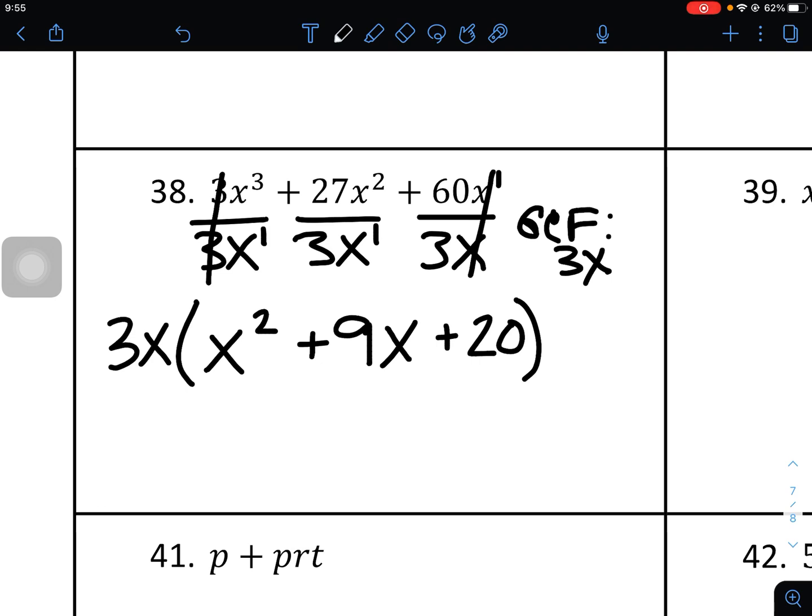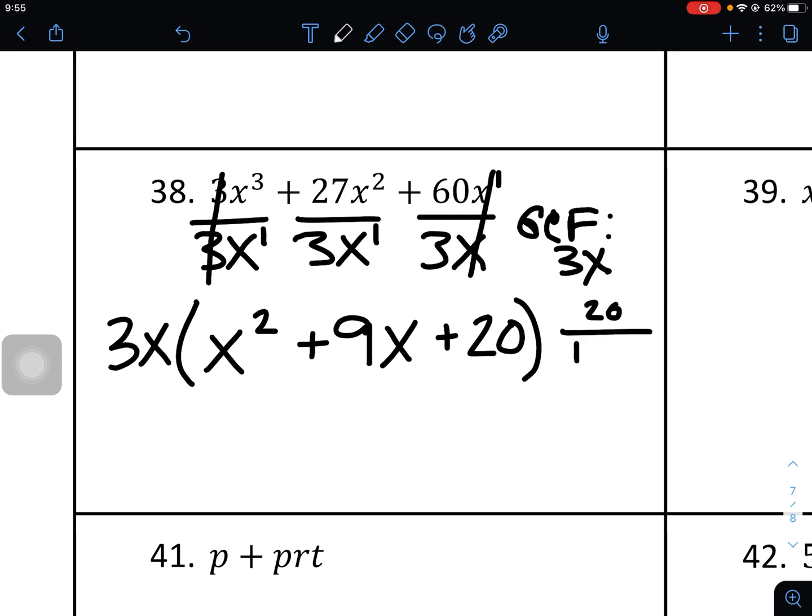Now, once you've identified the greatest common factor and divided through by that GCF, please make sure to put it out front. But also remember, can you factor what's left over on the inside? And this brings us to our second type of what can we factor. In this case, since a is equal to 1, this is standard form of a quadratic equation, a is equal to 1, so I need two numbers that multiply to 20 and add up to 9.